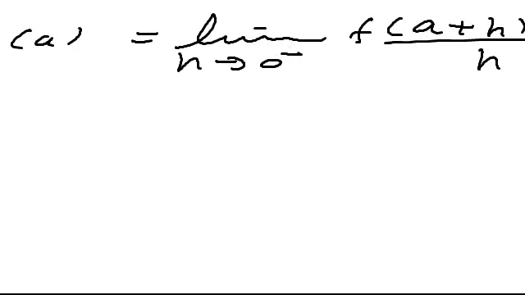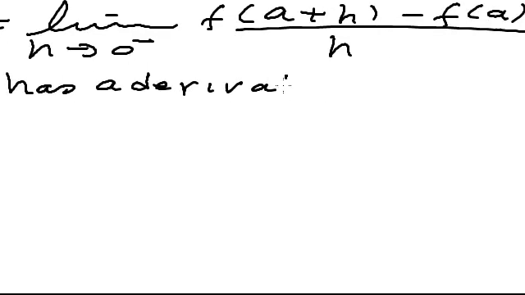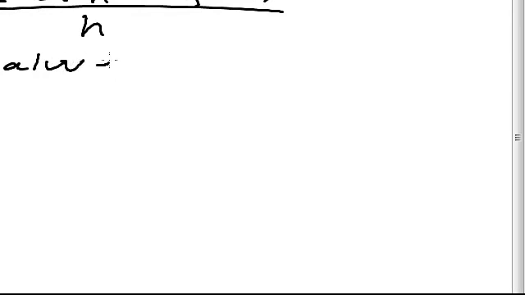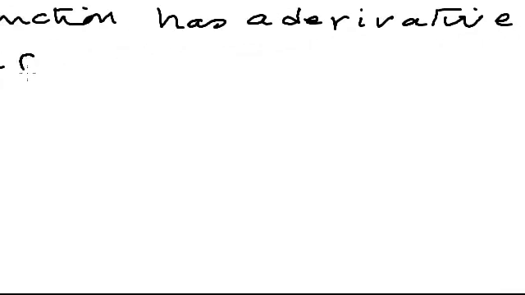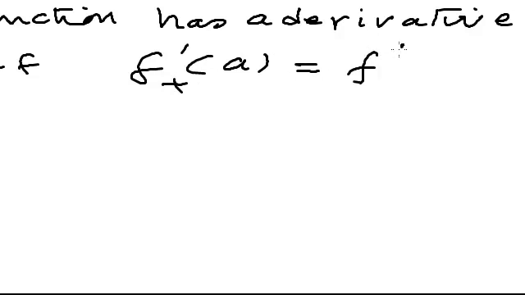A function has a derivative at x equals a if f dash a plus equals f dash a minus.